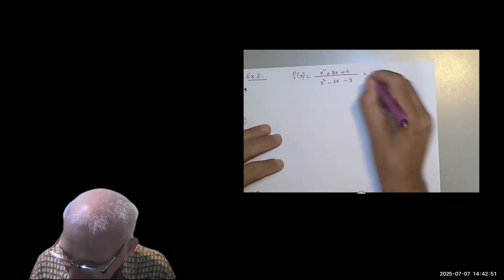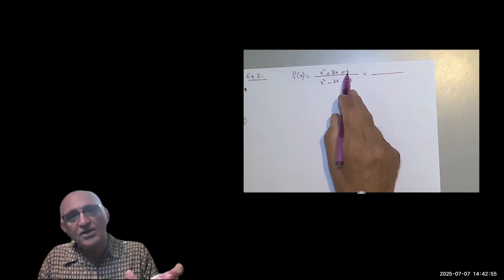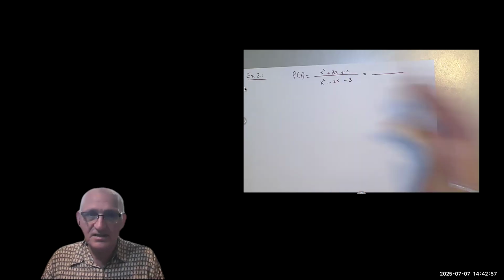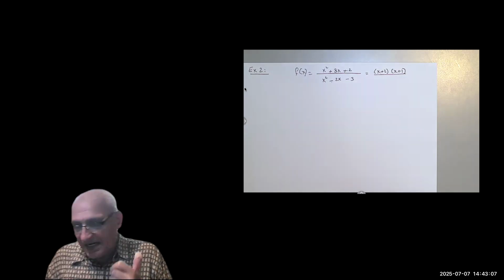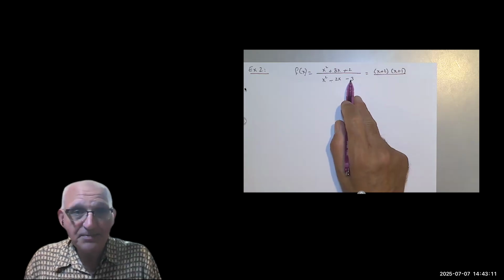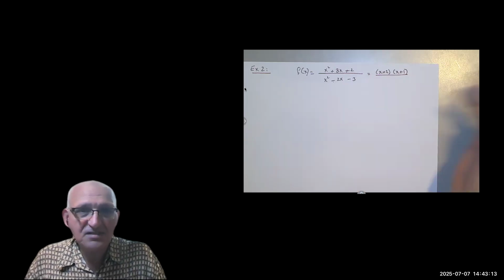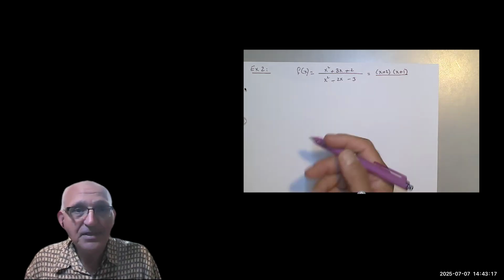So you can see that the numerator here, because you need two numbers that when you multiply you get 2, and when you add you get 3, there is nothing more than 1 and 2. So x plus 2 times x plus 1. Now, if I go to the denominator, you need two numbers that multiply to negative 3, which is negative 3 and positive 1, and they add up to negative 2.